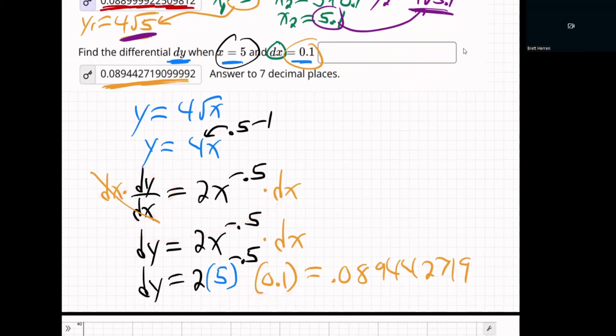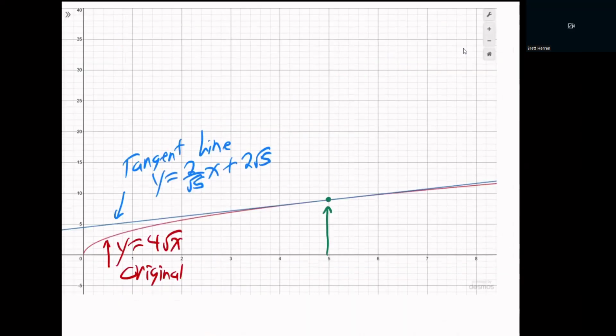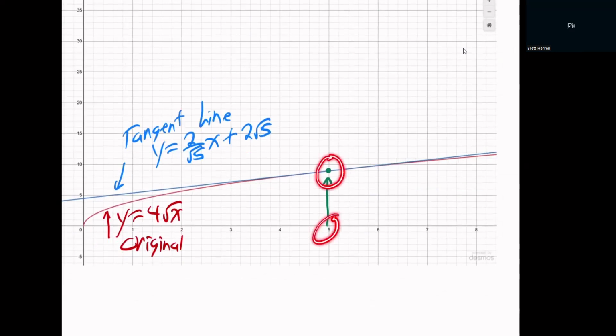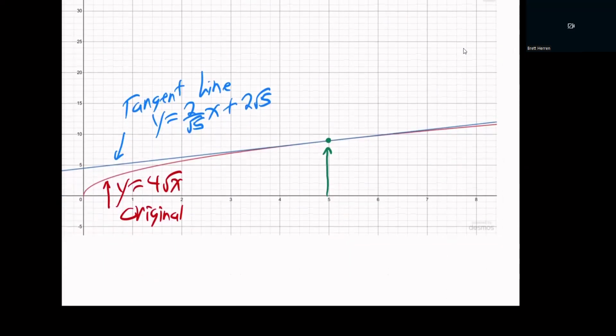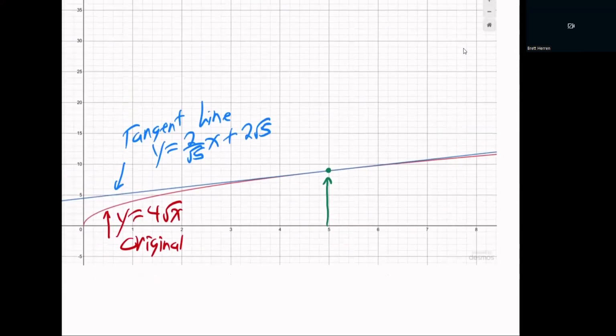Now let me show you graphically what we just did. Now, we can't see it over here at 5 because they're so darn close. I mean, we were at 5 and 5.1. They're just so close. But let me just show you somewhere more simple. If I was to go from here to here, there's a difference in y values, right?